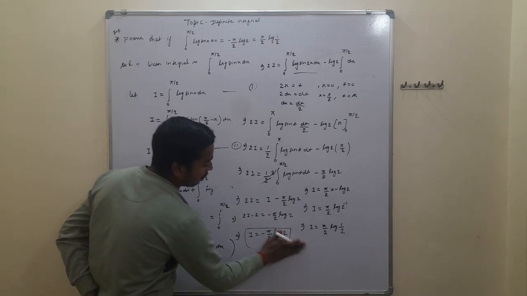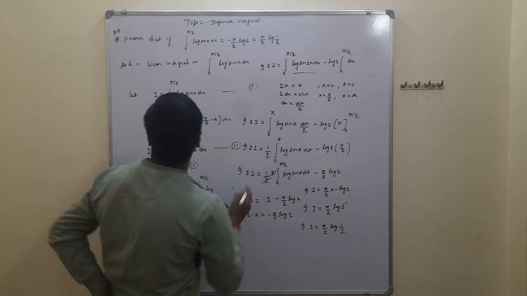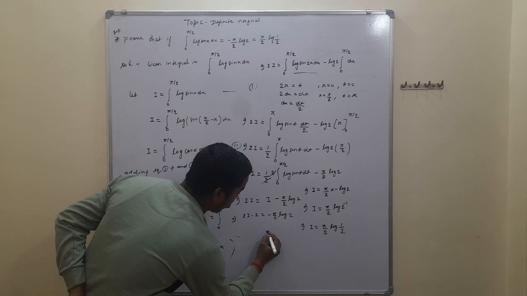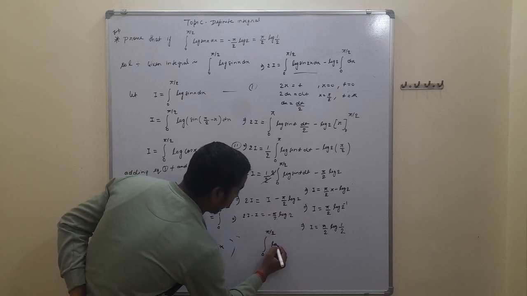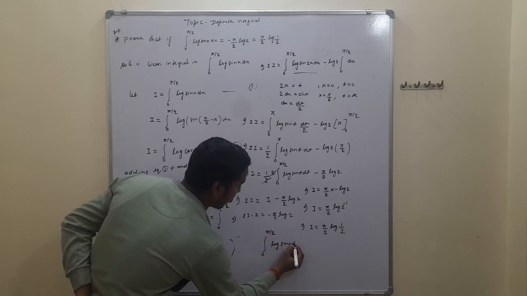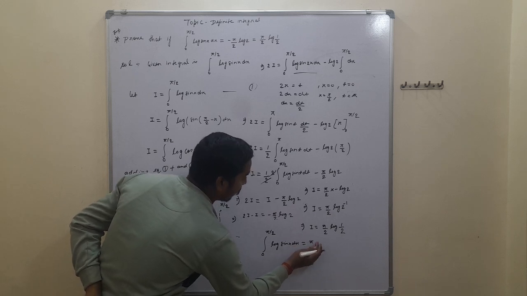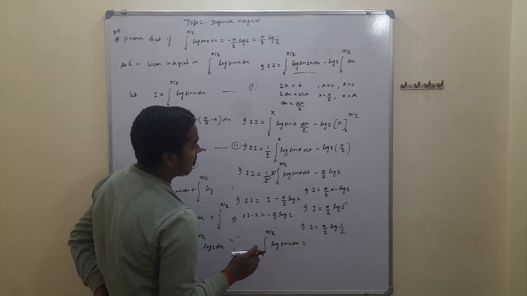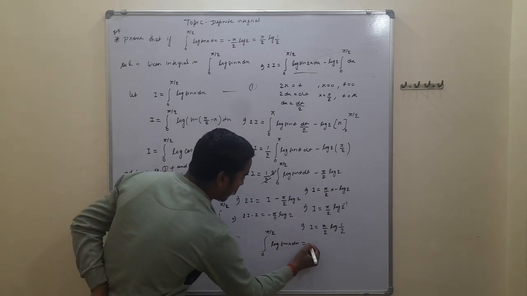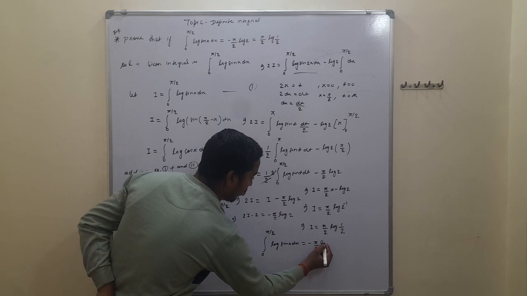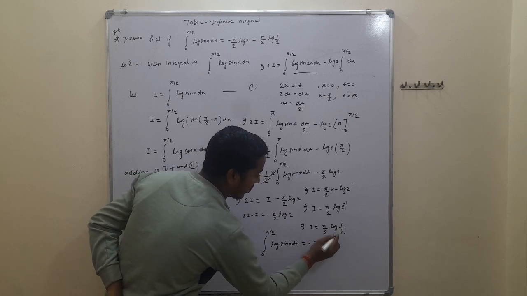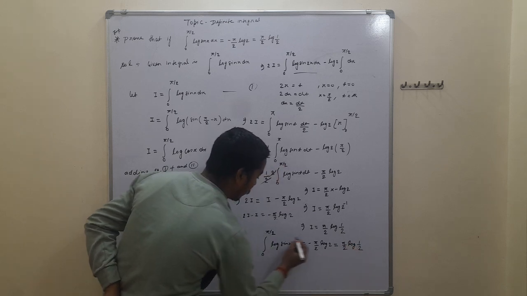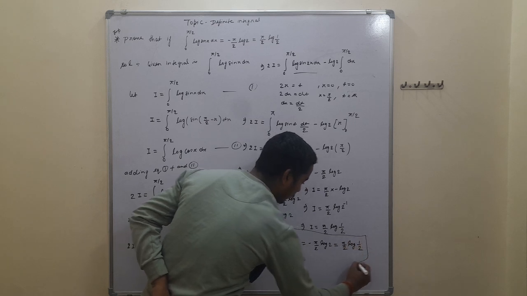And in place of I, we can also put from equation 1: the integral with limits 0 to pi by 2 of log sin x dx. We write the first result: minus pi by 2 log 2 is equal to the second result, pi by 2 log of 1 by 2, and this is the required solution of the given problem.